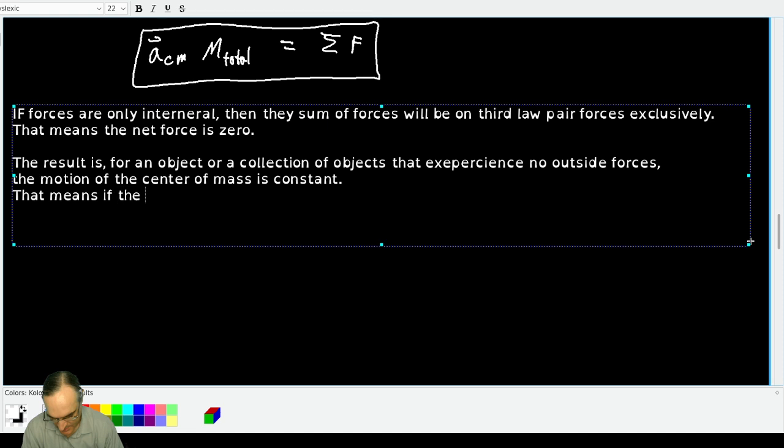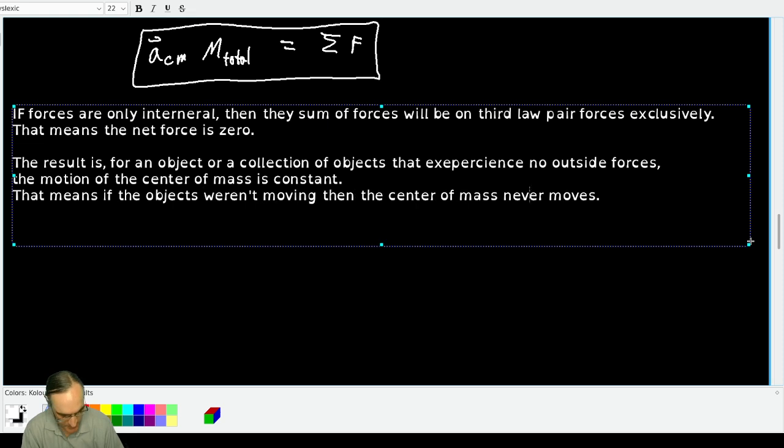That means if the object wasn't moving, then the center of mass never moves. Or I should say, if the objects weren't moving. Wrote that completely wrong. That means if the objects weren't moving, then the center of mass never moves. Interesting result.